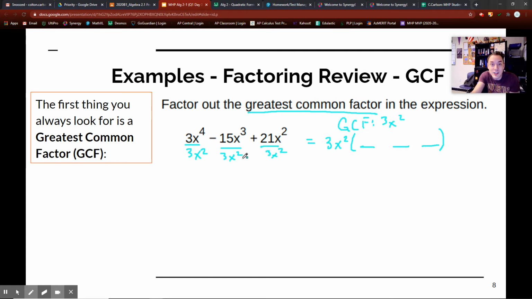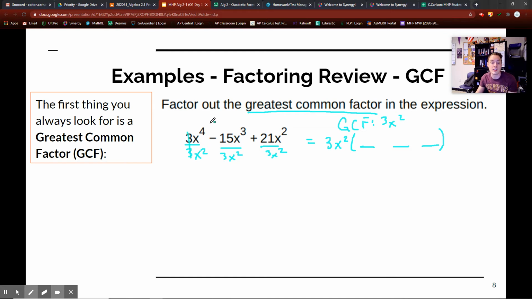Because I have 3 terms, right? I have 3 terms here, which means I have 3 spots left. Okay, I take that out. I'm basically reverse distributing. Think of it like that. I'm reverse distributing. So if I distribute that greatest common factor back in, what would happen is I would get this back out. So let's divide these.